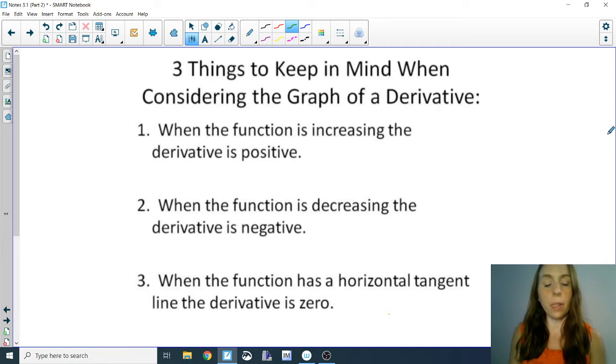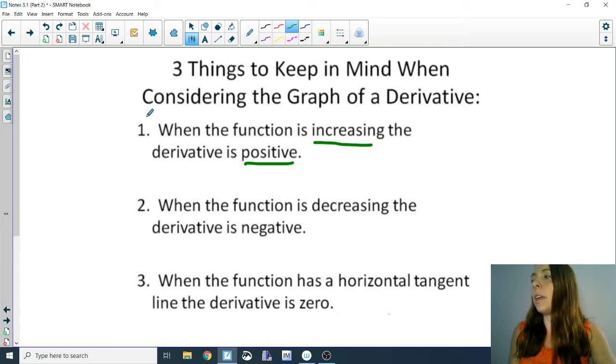Okay. The first thing to keep in mind is that when a function is increasing, the derivative is positive. So increasing function means the derivative is positive. Keep in mind, positive means above the x-axis graphically. And I'm going to assign that to be green. For part 2, let's go with red.